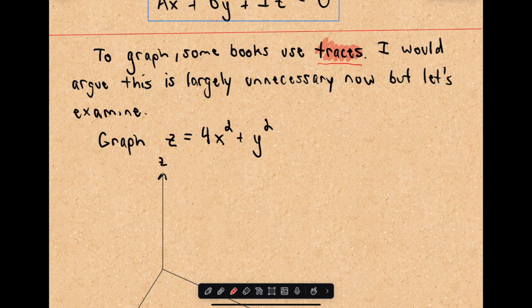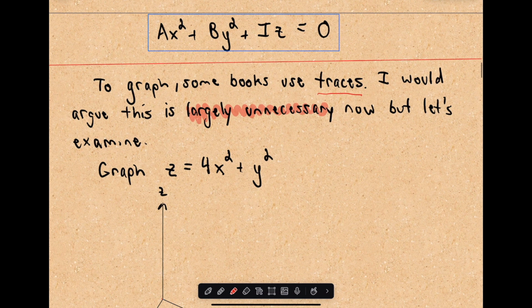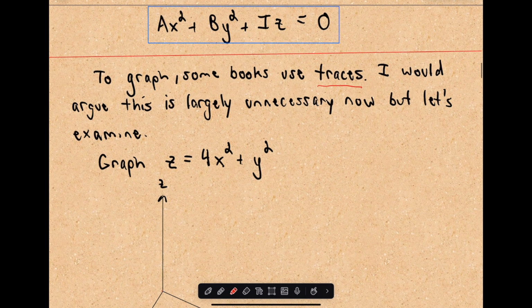I would argue this is largely unnecessary now because of the advent of graphing software that is by and large pretty available and accessible anymore. So in general, if you have access to graphing software, by all means use it. It'll save you a bunch of time. But just for completeness' sake, let's look at how you would use traces to produce a graph.